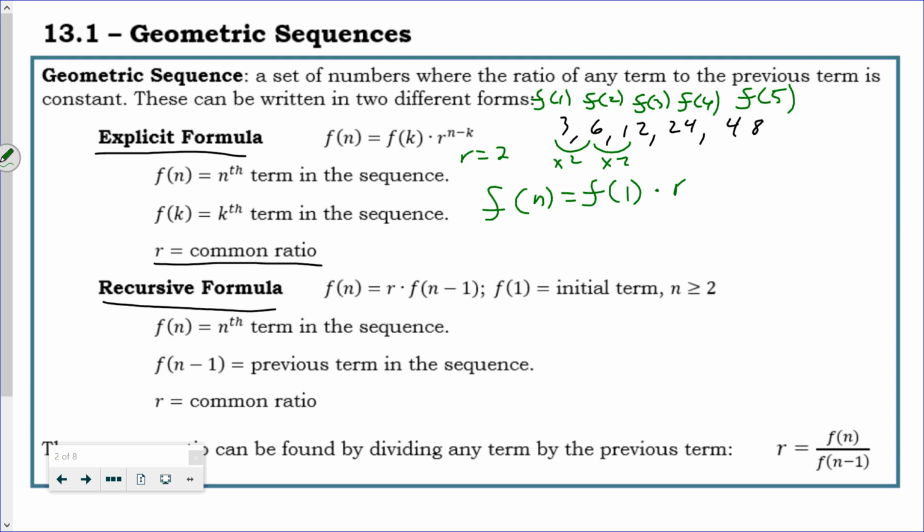I don't know what n is, n can be anything, and my k we said is going to be 1. So you plug in your r and your f of 1. The explicit formula for that sequence is f of n equals f of 1, which we said is 3, multiplied by r, or sorry, 2, to the n minus 1.